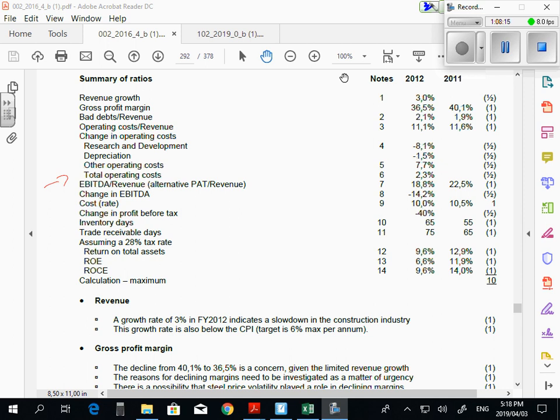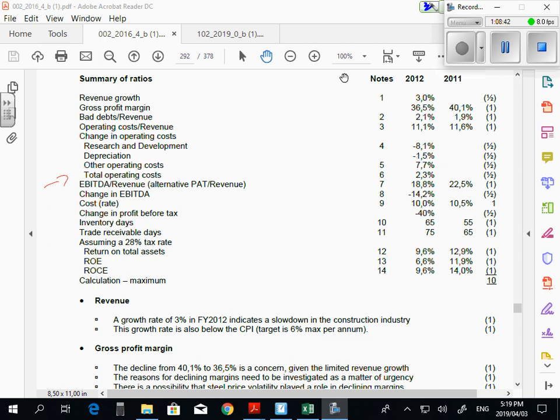You cannot comment on that. Why can't you comment on it? You do the calc, but you can't comment intelligently because it's got depreciation, it's got R&D, it's got all these different costs inside it. So as a whole, it's not an easy thing to do. Does everybody understand where I'm coming from? But you can look at the individual ones.